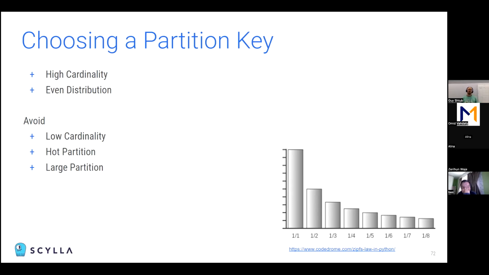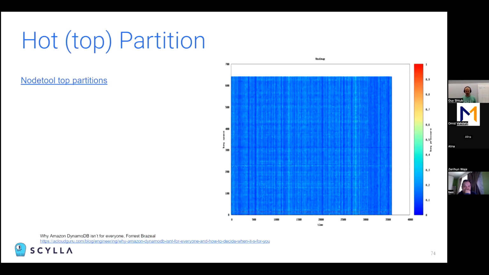So I don't know, maybe as an example, probably a state in the US is not a great partition key because there are not that many states and they're not evenly distributed if we think of the number of people in each state. So California or Texas would have many more people than some smaller state. That would probably not be a good partition key. So we try to avoid hot partitions and large partitions.